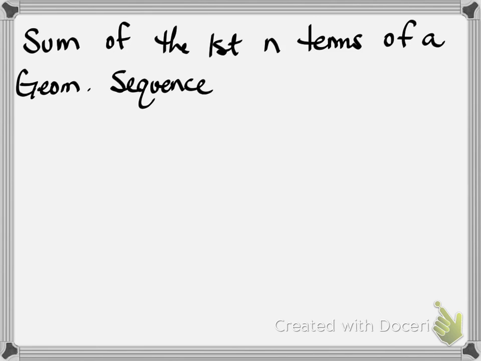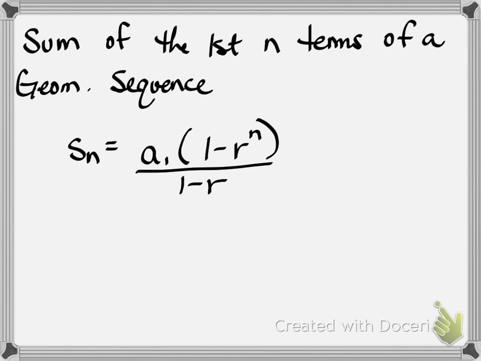So the formula is S sub n equals a sub 1 times parentheses 1 minus r to the n, over 1 minus r. And off to the side they just say r can't be 1, because that would give us division by zero right here. So they're just keeping us safe.